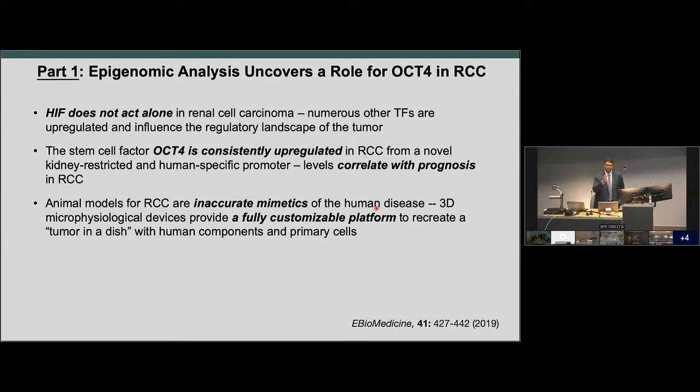Again, as one example, one application of these epigenomic methods. We know that HIF is important, but HIF can actually bind and have secondary effects, as is the case in this particular story. Here it found an endogenous retroviral element that carried a HIF binding site and turned on OCT4, which is a potent stem cell and reprogramming factor.